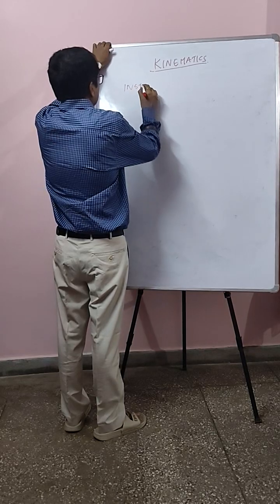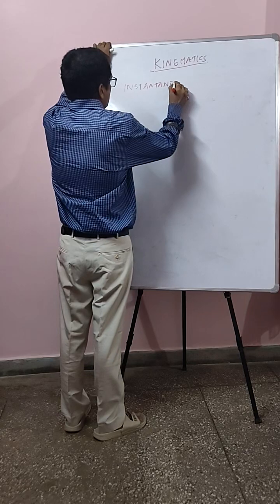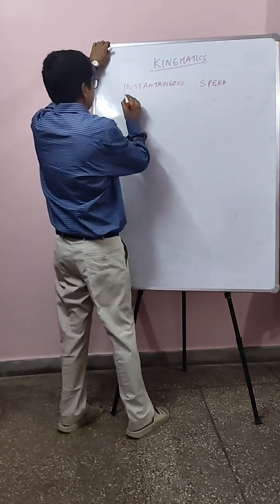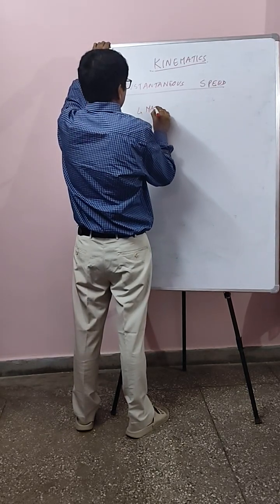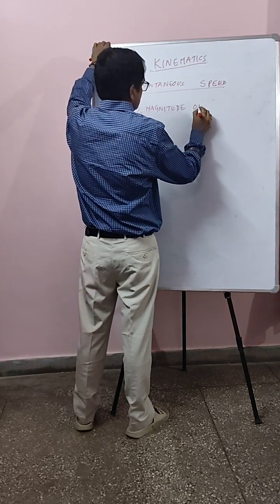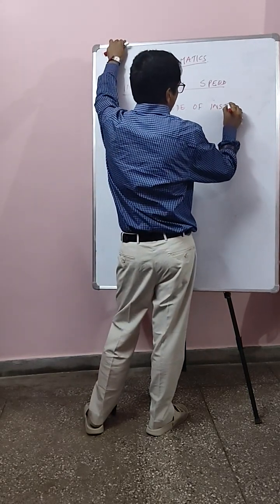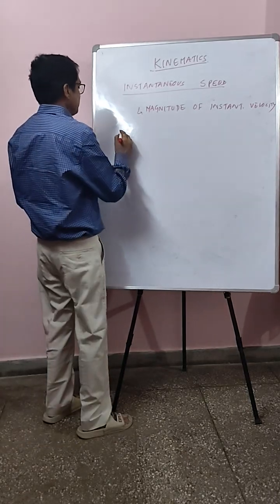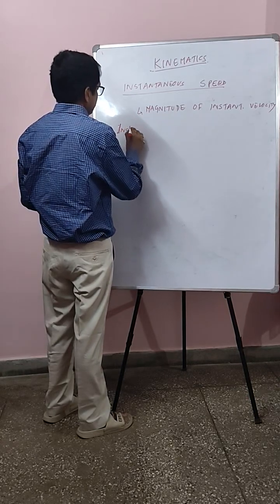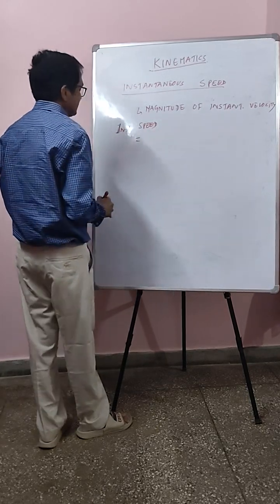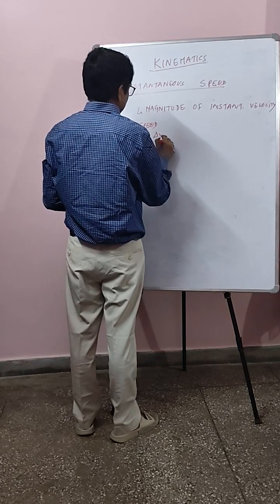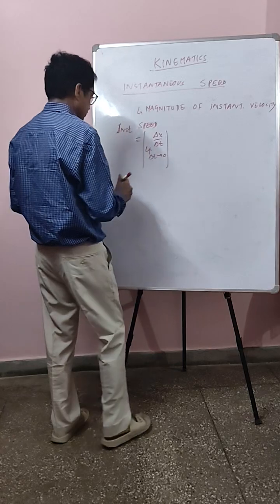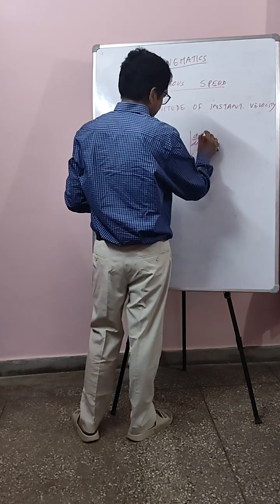Instantaneous speed equals limit delta t tending to 0 of delta x upon delta t, and we take the modulus, so that means the magnitude of instantaneous velocity, or dx upon dt, or slope.